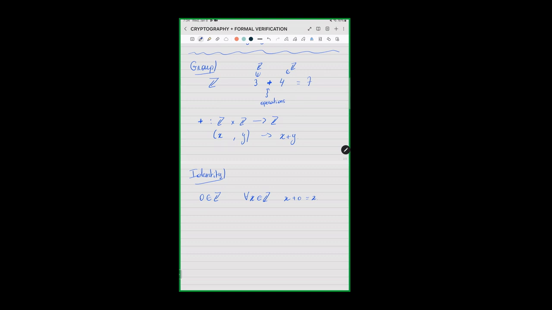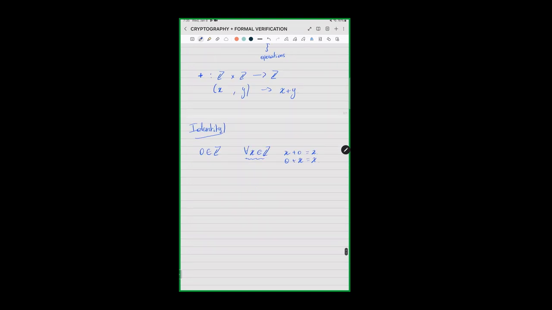In a sense, 0 doesn't have any particular effect on the addition. If you add on the right, or also on the left, it's also going to be equal to x, and that's for all elements in Z.